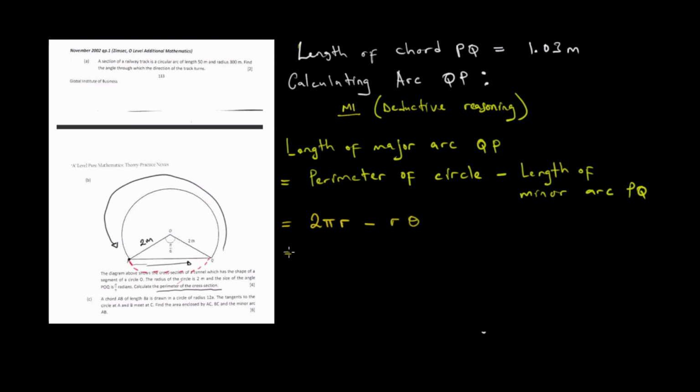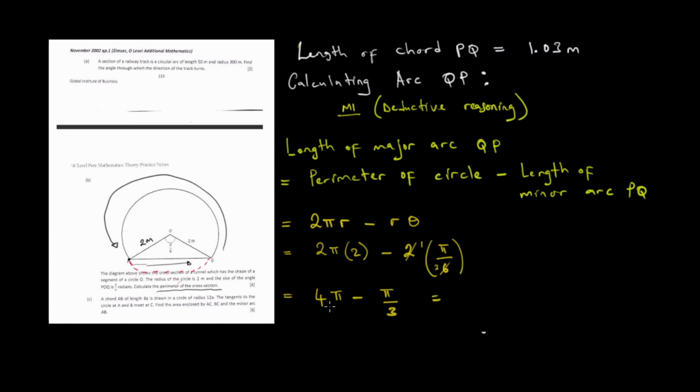Let us substitute. So this is 2 pi r, with r being 2, subtracting r, which is 2, and theta, which is pi over 6. So this is actually 4 pi subtracting 2 into 2, it's 1 into 6 into 3, so it's 4 pi subtracting pi over 3, which we can solve further.